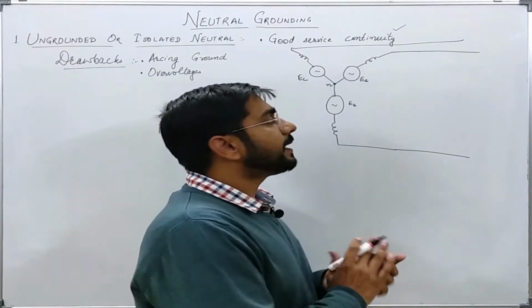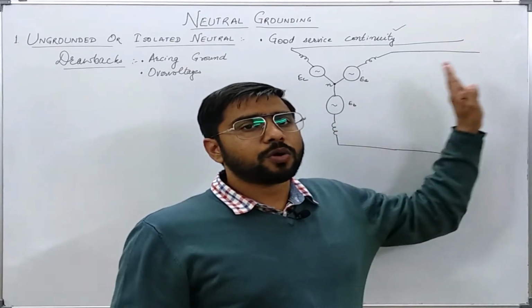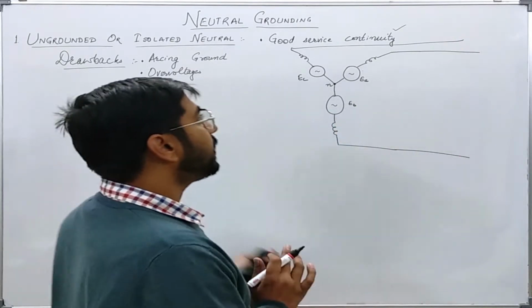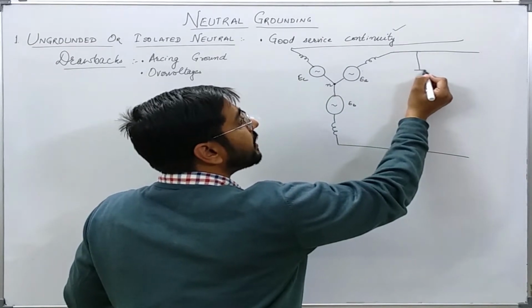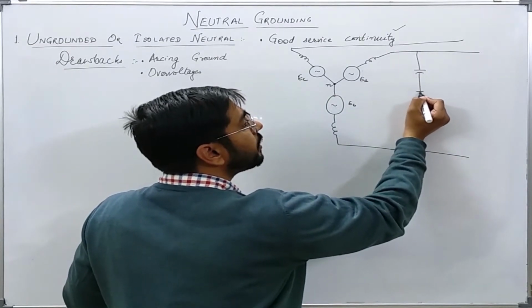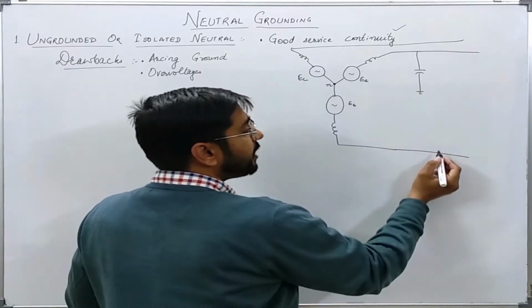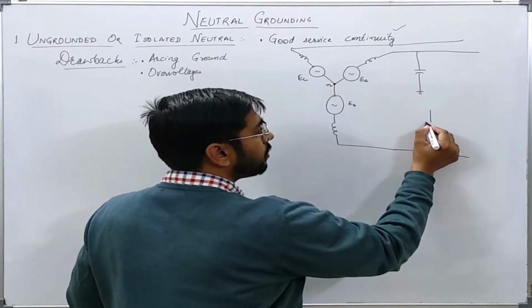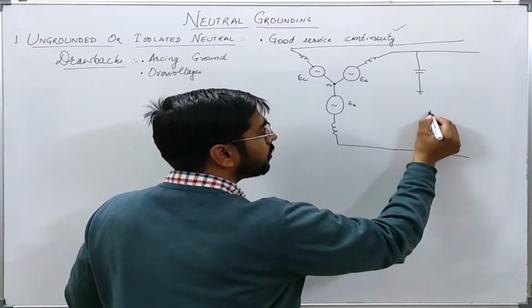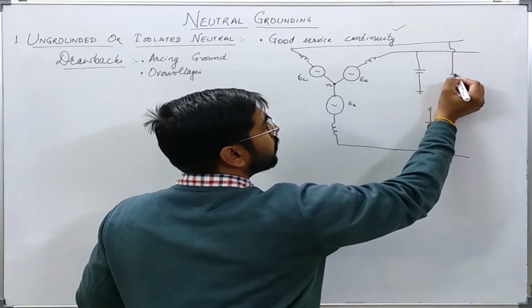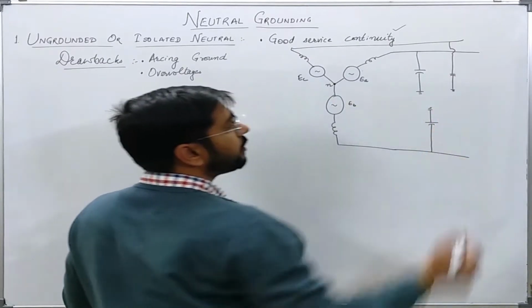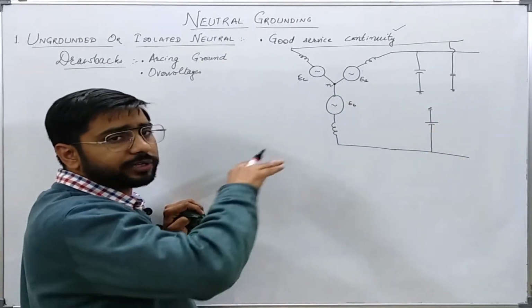Now let us say that the transmission lines are long. So what will happen? There will be shunt capacitances between phase to ground which will be distributed throughout the line.